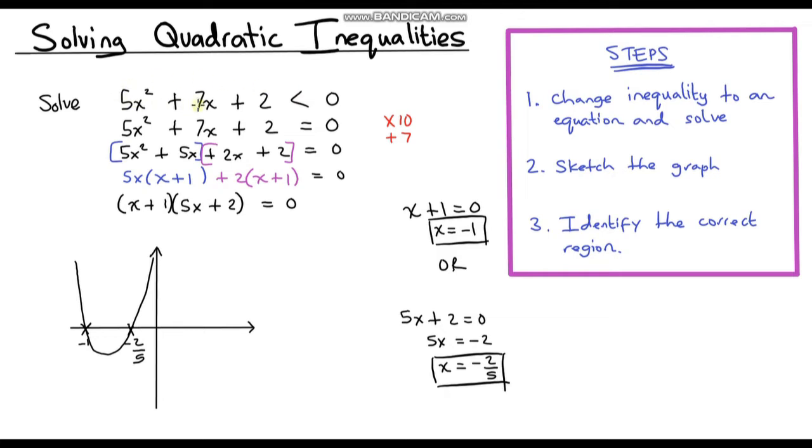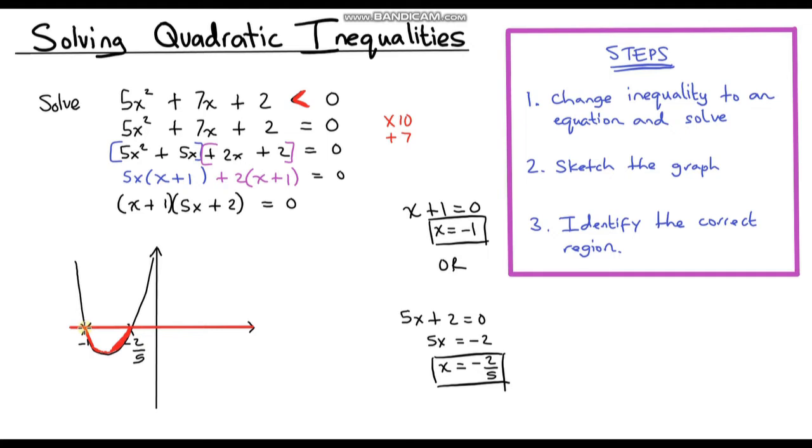And now we just need to identify the correct region. So if we go back to our original inequality, we're looking at all of the points on the graph that are less than 0. So let's draw the line in y equals 0 first. And because we're looking at less than 0, we will be looking underneath the line. So it's going to be all of this business here. So what x values do these correspond to?